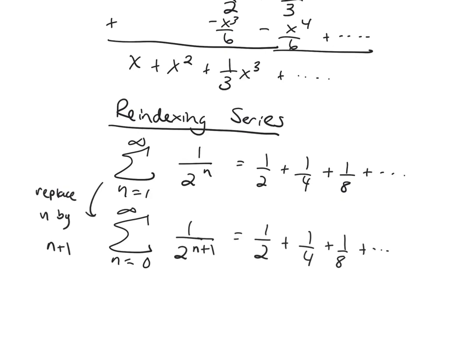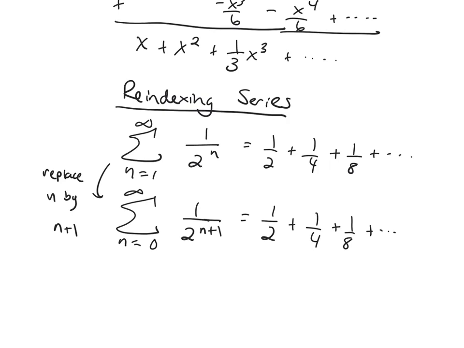They're the exact same series, but the first one starts off at n equals 1, and the second one starts off at n equals 0. And in general, if you had n equals 2 there and you wanted to go down to 0, you would replace n by n plus 2.